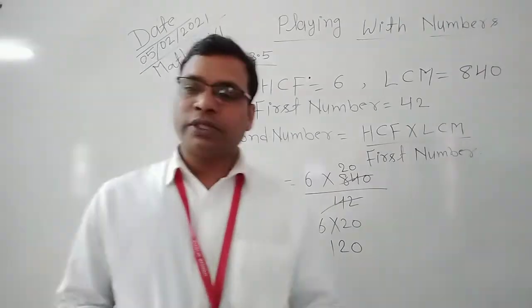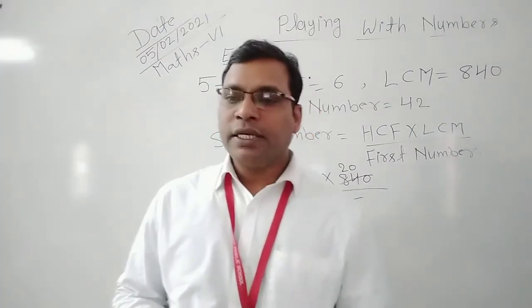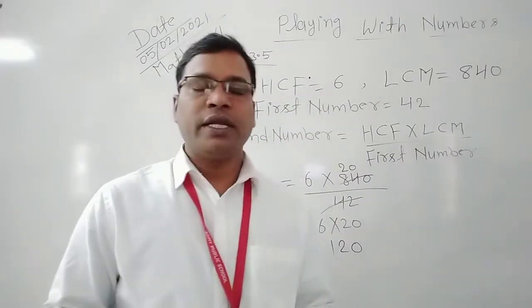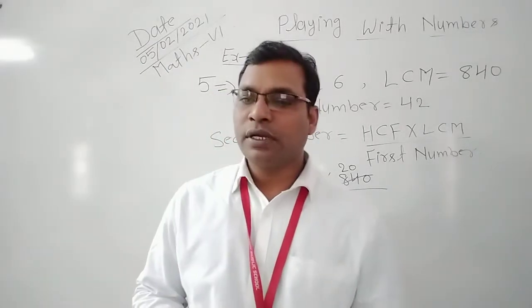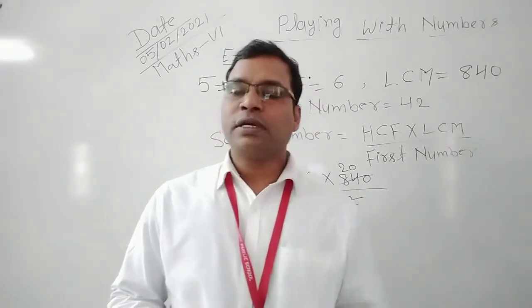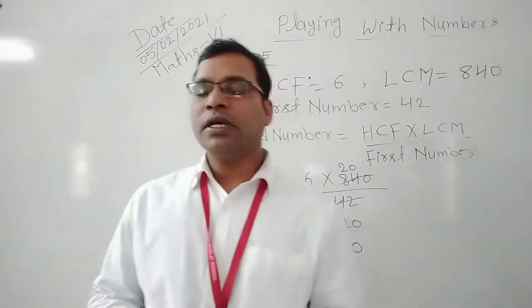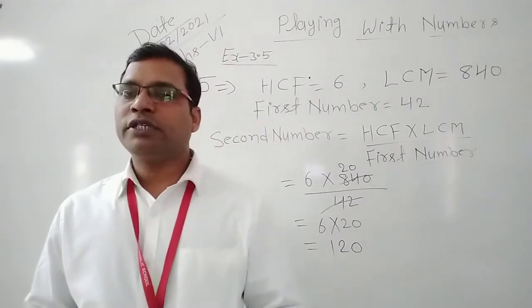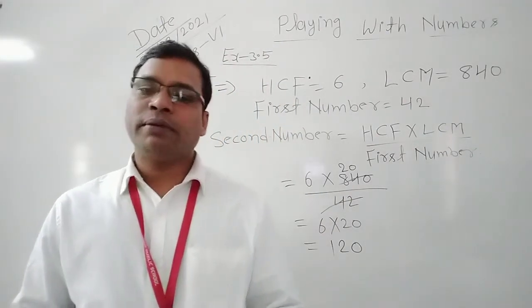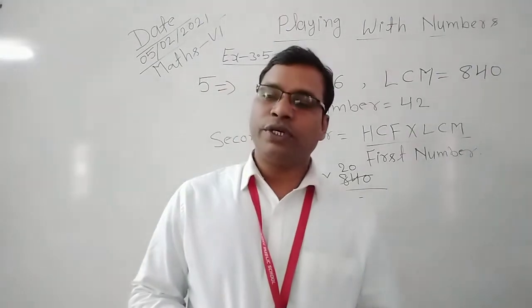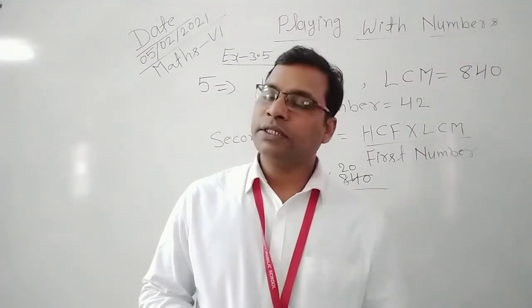I repeat this question again. In this question, it is given that the HCF and LCM of two numbers are 6 and 840 respectively. If one of the numbers is 42, find the other number.